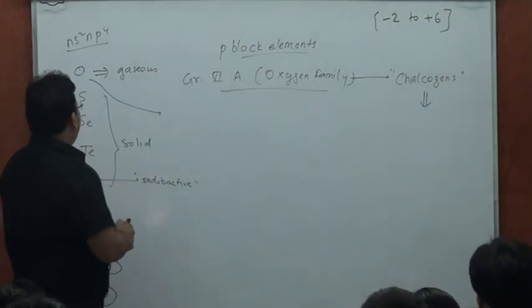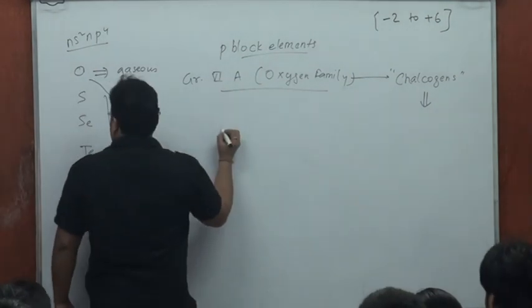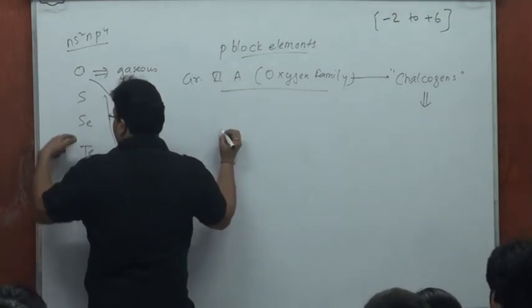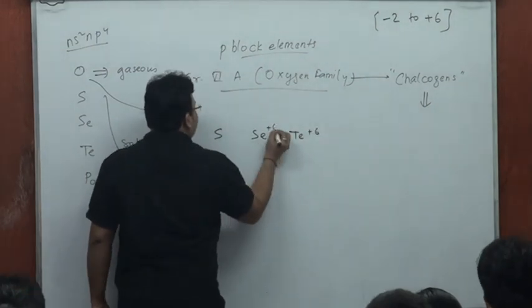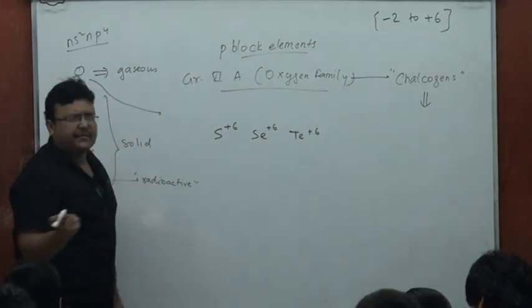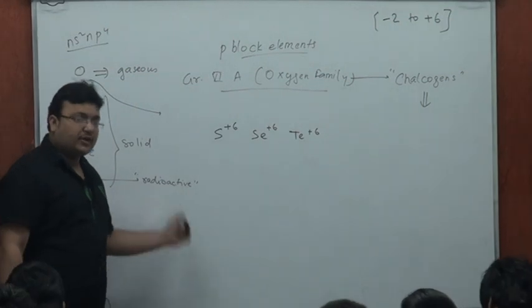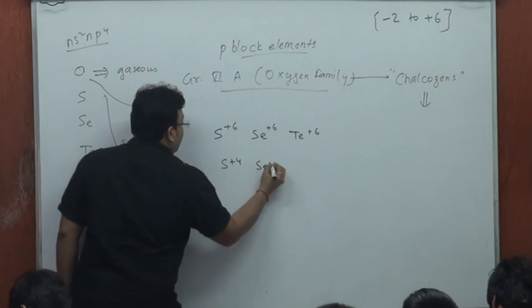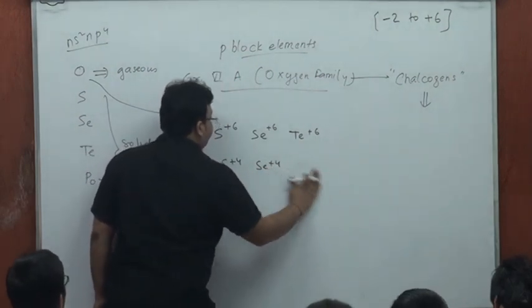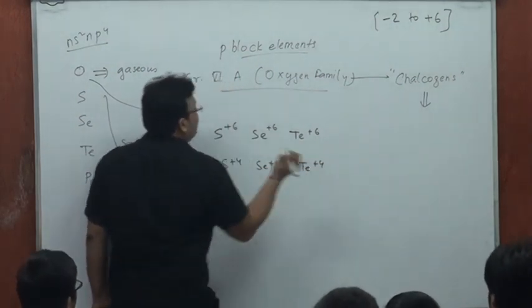And eventually we had realized that for sulfur, selenium, tellurium, +6 is supposed to be the natural oxidation state, because that gives it the inert gas configuration, and it's also found to have an oxidation state lower than the normal oxidation state by 2 units.